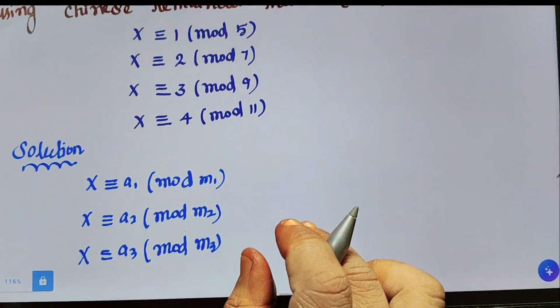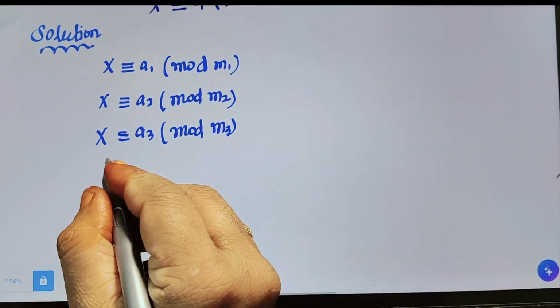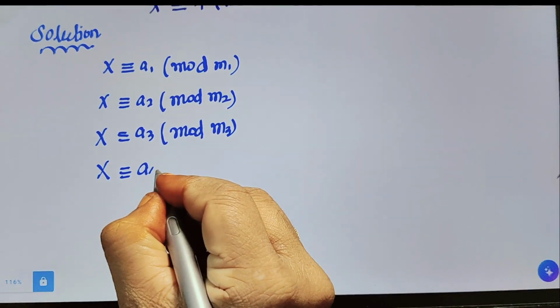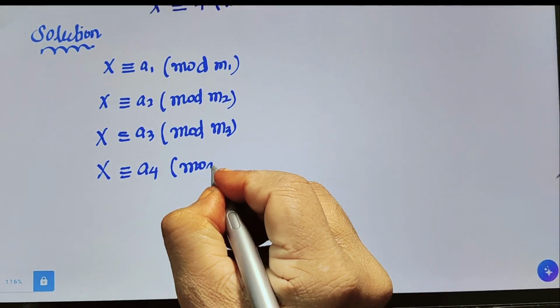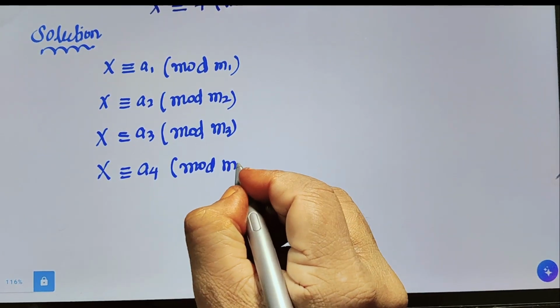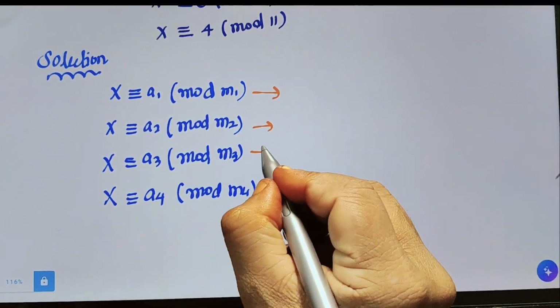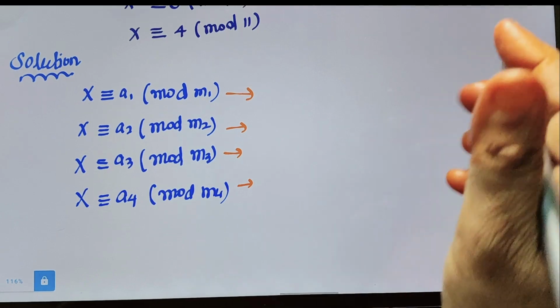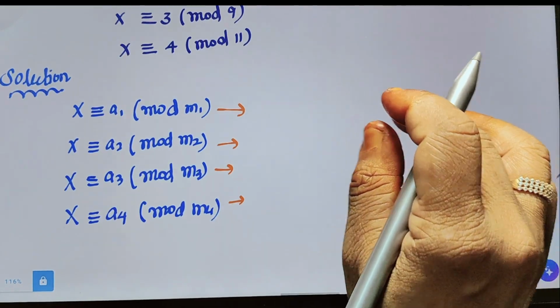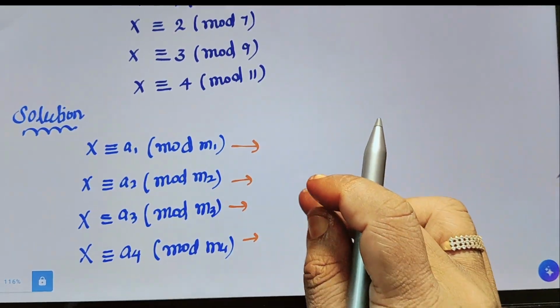Likewise, here four congruences are given, so again write x congruent to a4 mod m4. This is the general format. Write the given equations just to compare the given values to the general format.